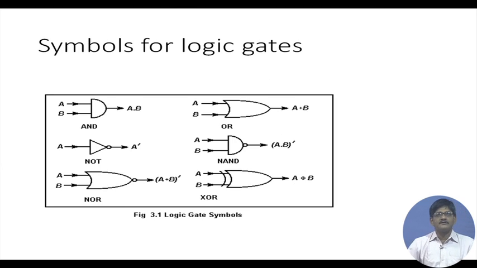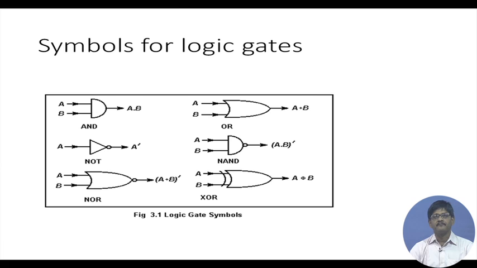Now, we come to some symbols of logic gates. Logic gates can be realized through electronic circuitry, and this is how they are represented by symbols. For example, two signals are coming in, they are binary signals, they can only take up two values, A and B, and the result is A and B, and a half moon shape represents the AND gate.